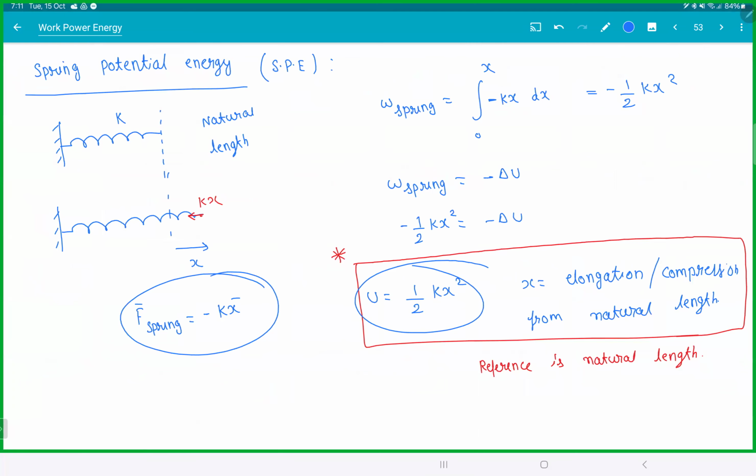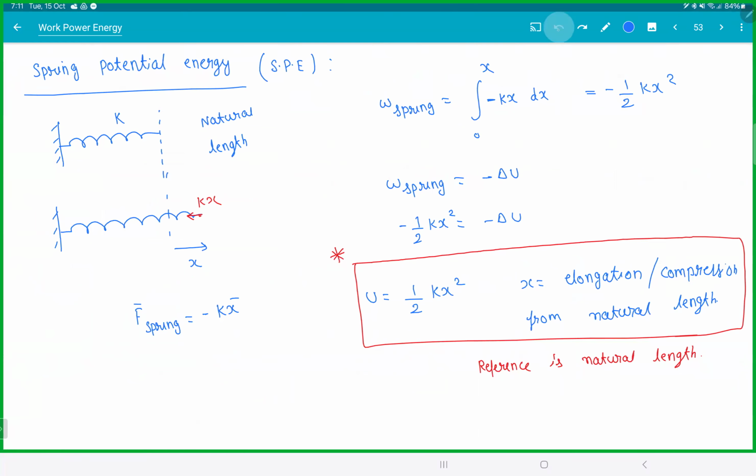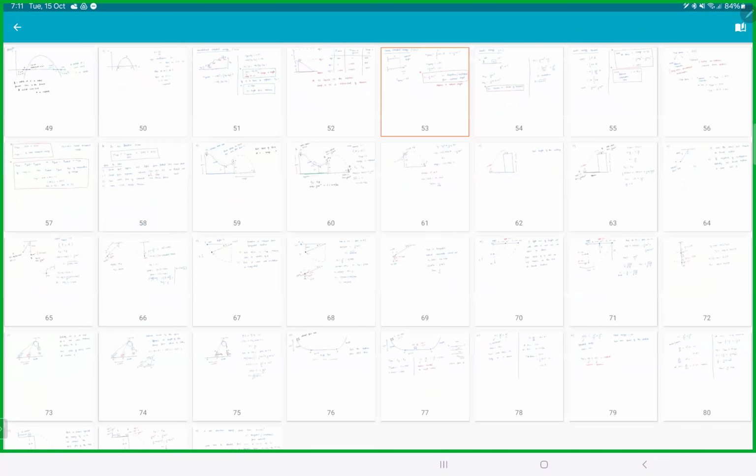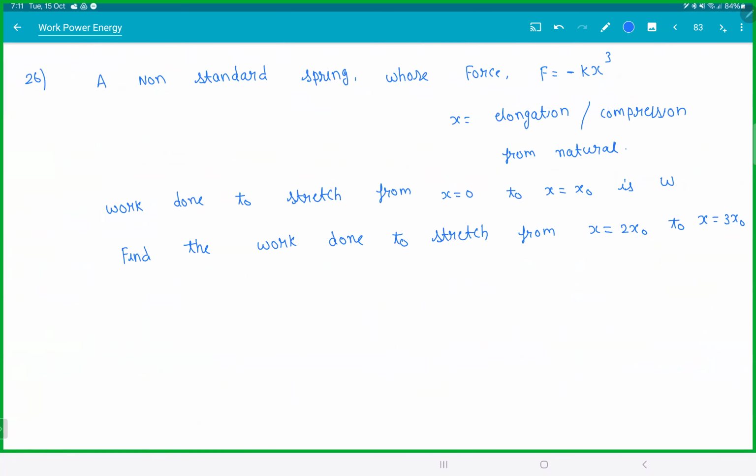So this formula is not valid anymore. I hope you're getting it. So you need to calculate the new potential energy for the spring. That's why it's a non-standard spring. So your standard results won't be valid. Let's try. Anyone who didn't get the question, please ask me.